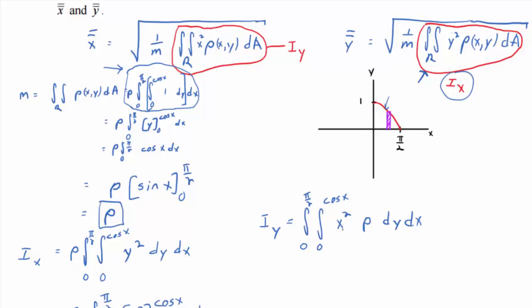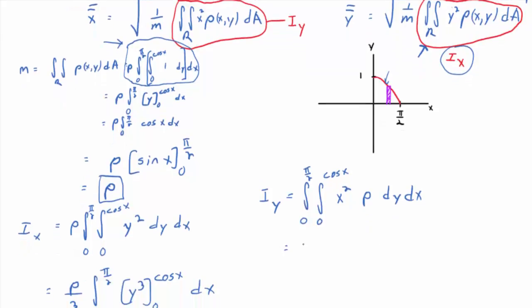And we need to try to integrate this. And well, I'll do part of it for you, then I'll have you guys finish it. Okay, we can bring the rho to the outside because it's a constant in this case. Not in every case, but in this case.